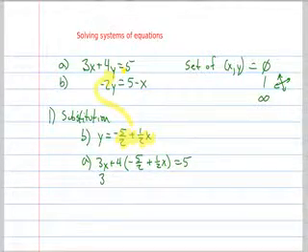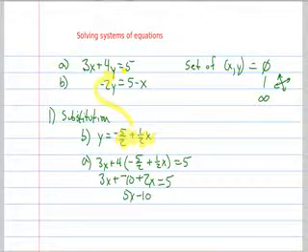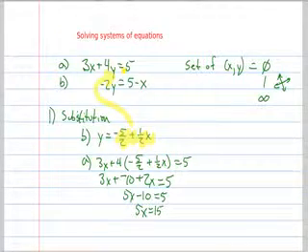Now if I expand this, I will get 3x plus a -10, because the 4 and the 2 divide out, leaves me with 2 times -5. Here the 4 divides out with 2, just gives me 2, so I'll have plus 2x equals 5. Bring my terms together, I get 5x minus 10 equals 5, so that 5x equals 15, and that means x is equal to 3.